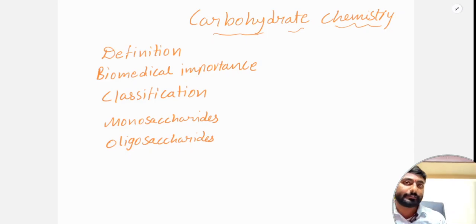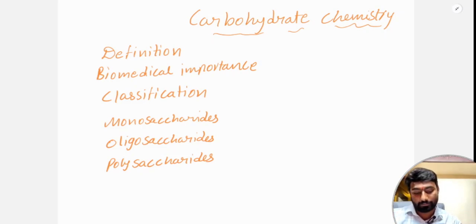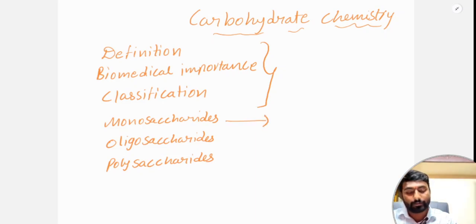In oligosaccharides, particularly disaccharides and polysaccharides. So we will discuss in this particular order, and I will complete carbohydrate chemistry in three parts. In the first part, I will cover definition, biochemical importance, and classification. In the second part, exclusively monosaccharides, and in the third part, oligo and polysaccharides combined. Okay.